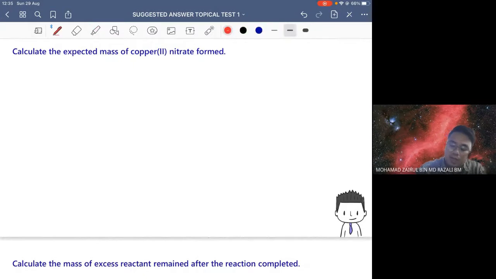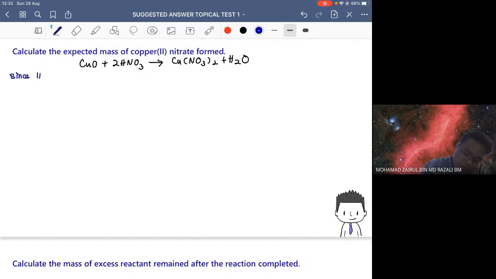So kita tulis balik kita punya chemical equation. CuO plus 2HNO3 produce Cu(NO3)2 plus H2O. Okay, so we know that since HNO3 is the limiting reactant, kita akan comparekan dengan mole given limiting reactant.